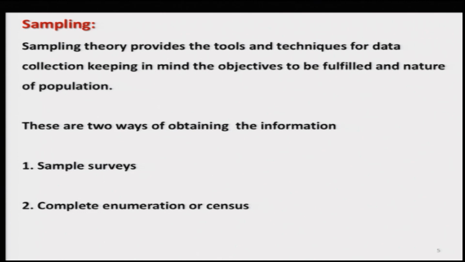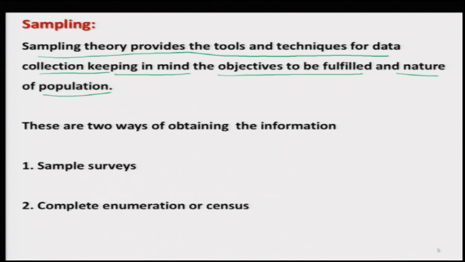Right. So, this is what I mean by a good sample. And when I go further, I will try to take some more aspects which can be incorporated into the quote unquote good sample. Okay. So now we have understood that sampling theory provides the tools and techniques for data collection, and it keeps in mind what the objectives to be fulfilled are and what the nature of the population is.